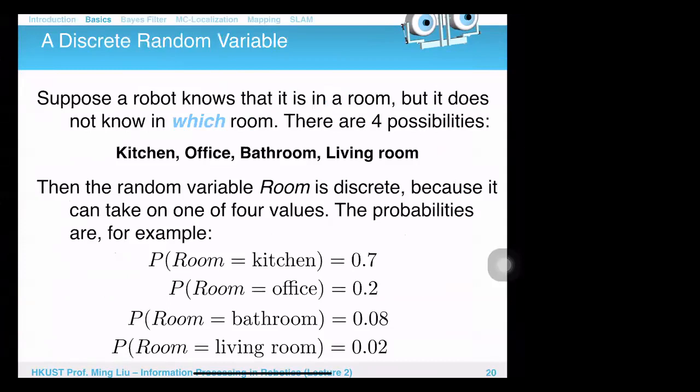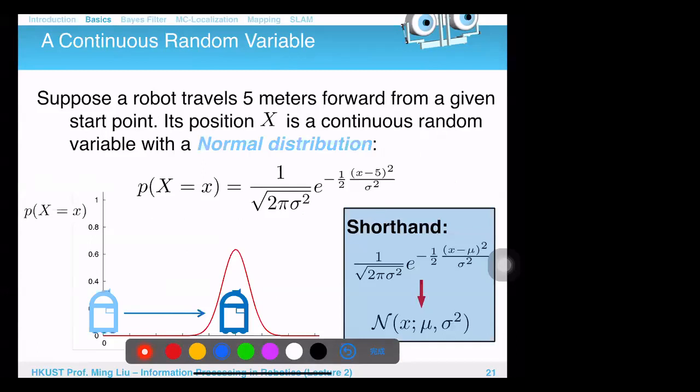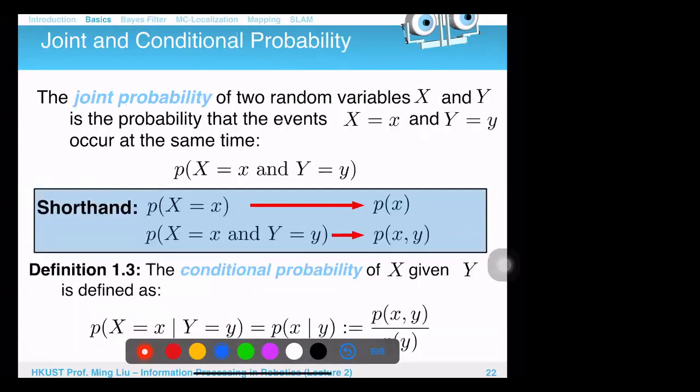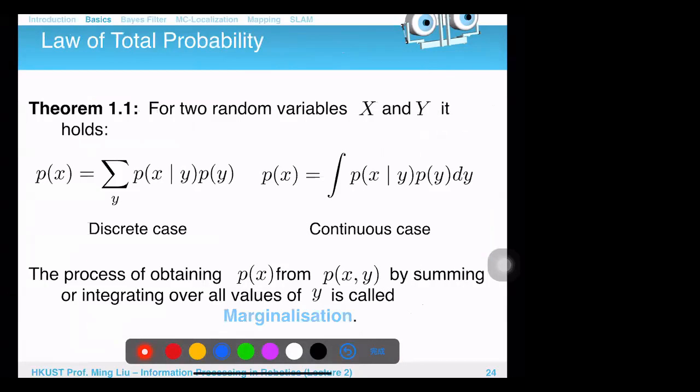We gave some examples of which problems will be discrete and which random variables will be continuous. Then we introduced the joint distribution, the joint probability, and emphasized its importance.